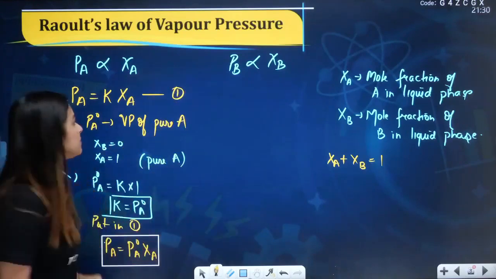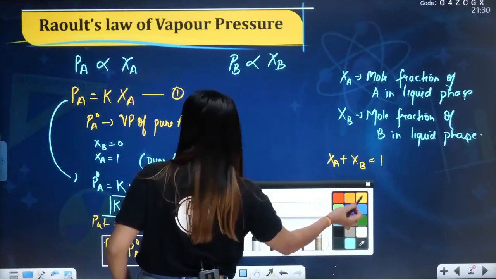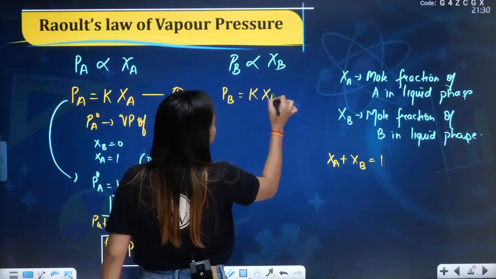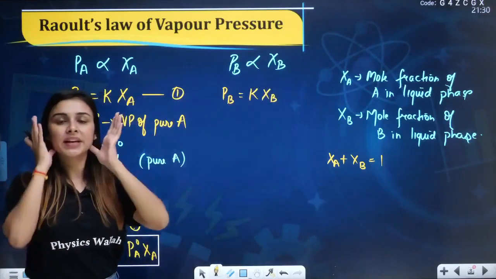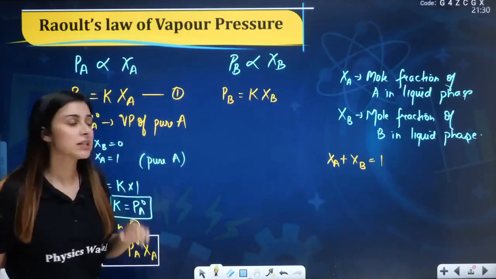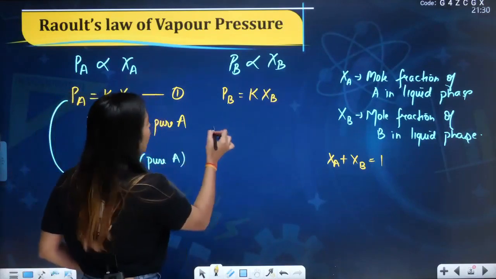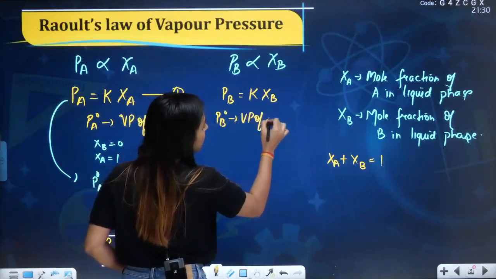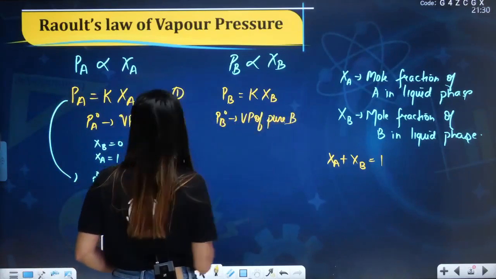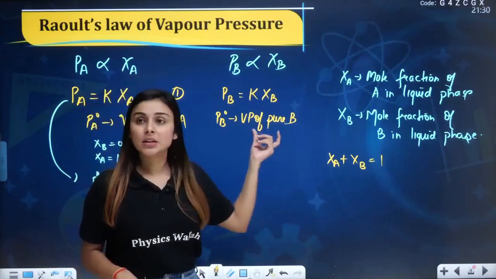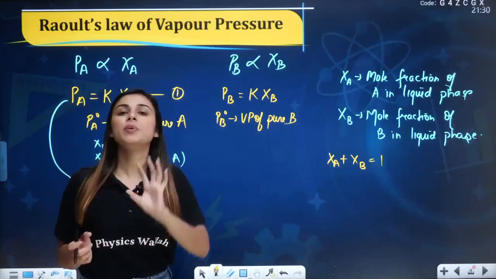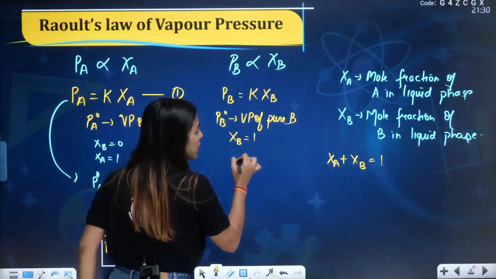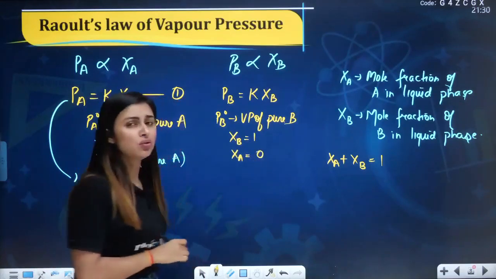Let's calculate for B. If you have PB, then this will be equal to K into the mole fraction of B, right? Now, my dear students, we will say that PB naught is the vapor pressure of pure B. If the whole solution was only of B component, then XB will be equal to 1 and you don't have XA in it, so that will be equal to 0.